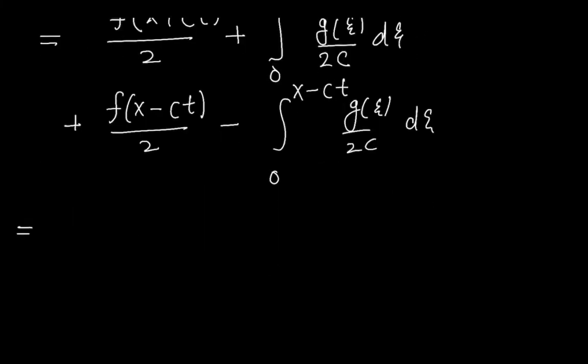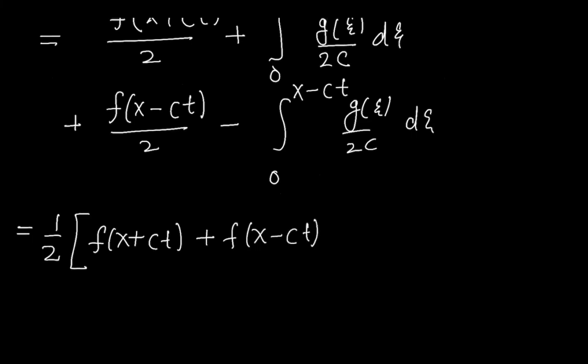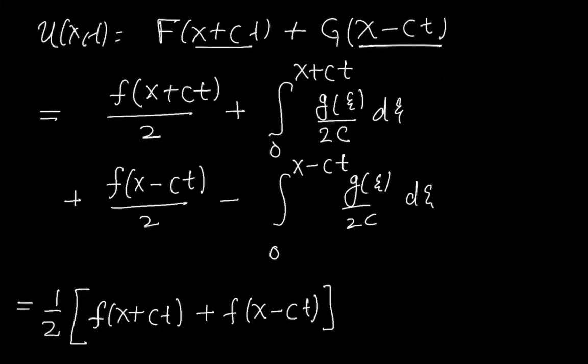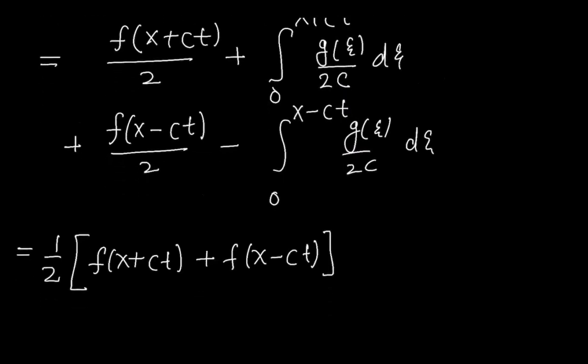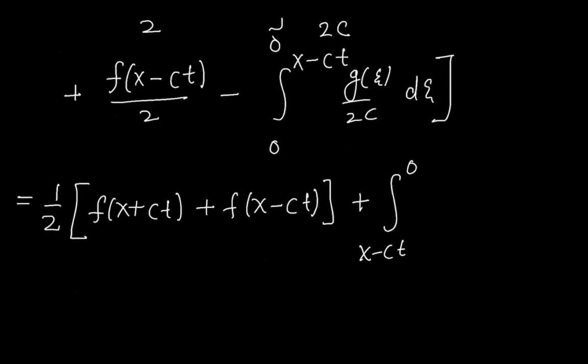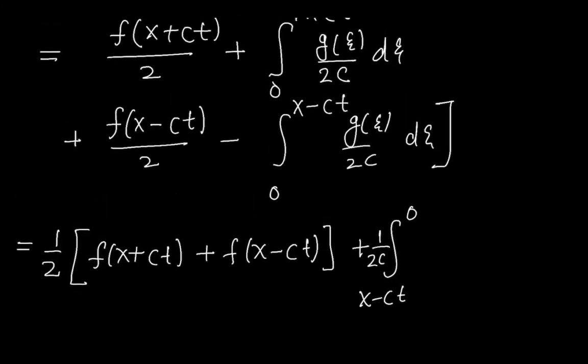I'm going to just write it in a bit more elegant form. This is a 1/2. I can say f(x+ct) plus f(x-ct), and then this integral, if I switch the limits of integration, I can change this minus to a plus sign: from x minus ct to 0, and then 1/2c g(c) dc plus this one, always 0 to x plus ct, g(c) dc.